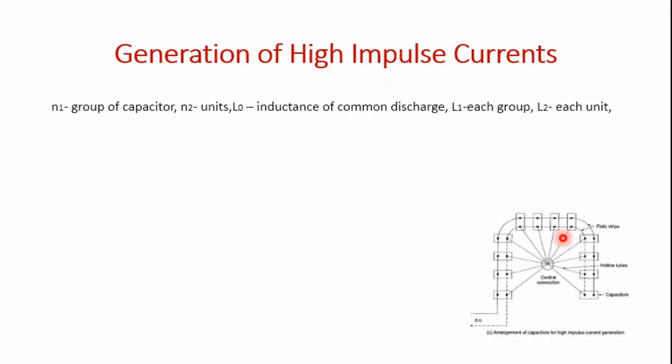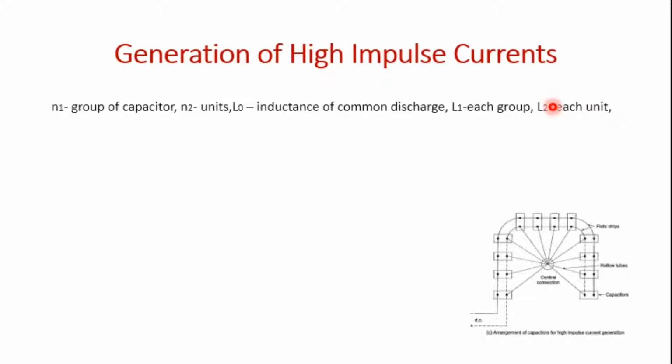If there are n1 groups of capacitors, each consisting of n2 units, then L0 is the inductance of the common discharge path, L1 is that of each group, and L2 is that of each unit.